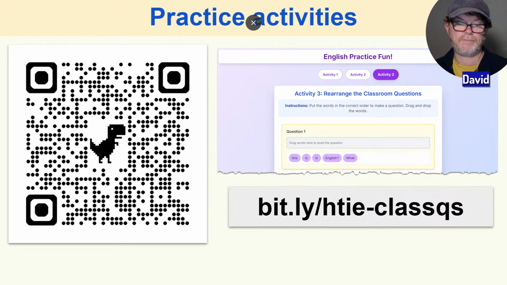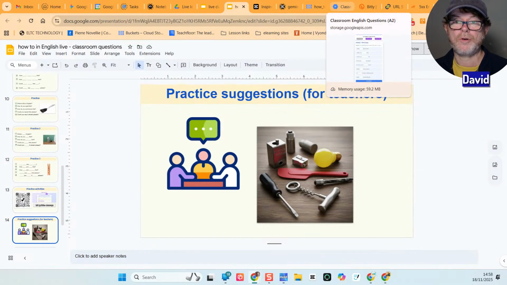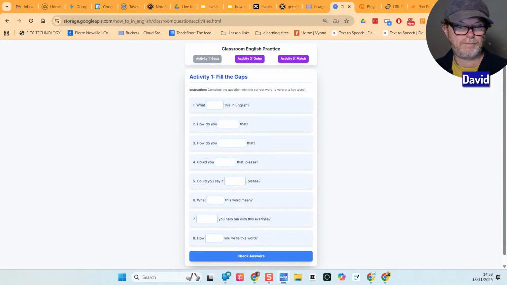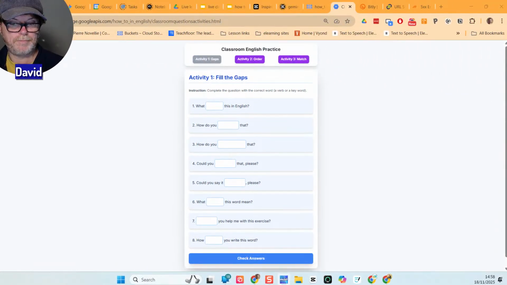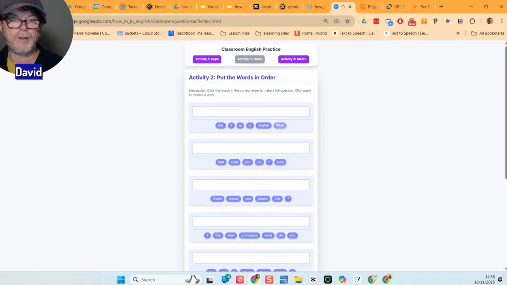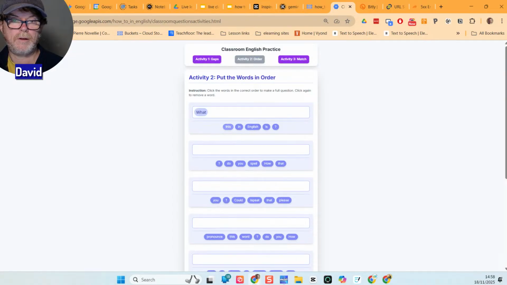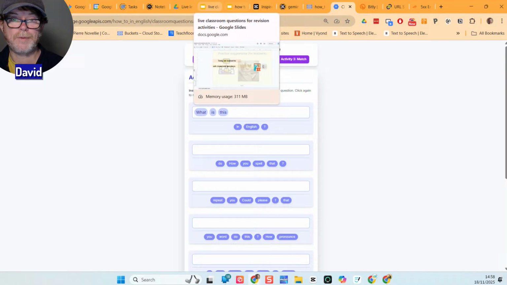Let me show you. Okay, you can see the activities there. You can fill the gaps. There are some put them in the correct order. So nice activities to practice these phrases.